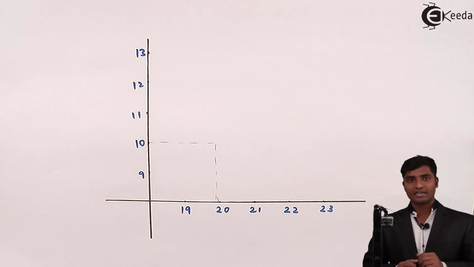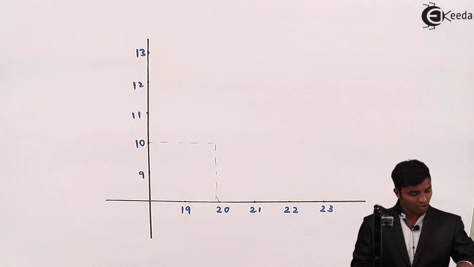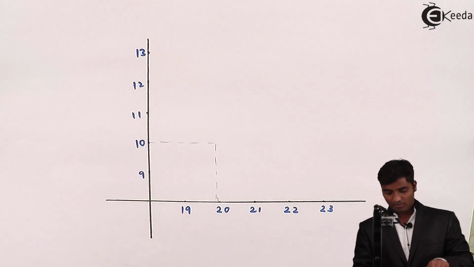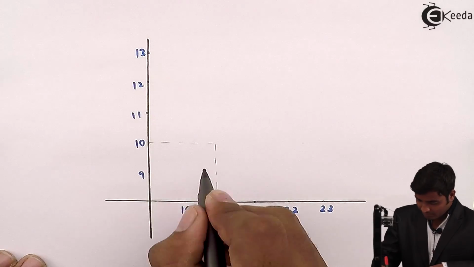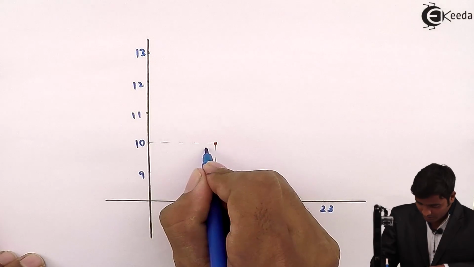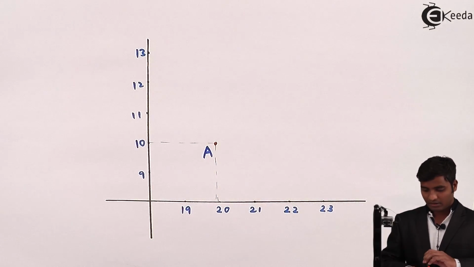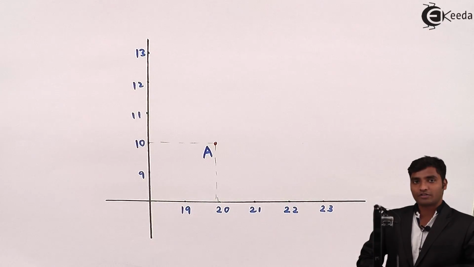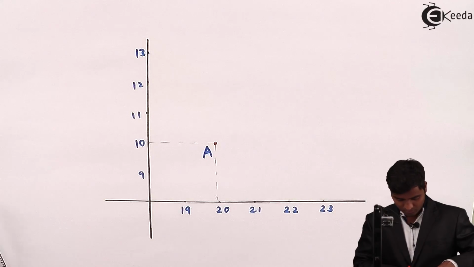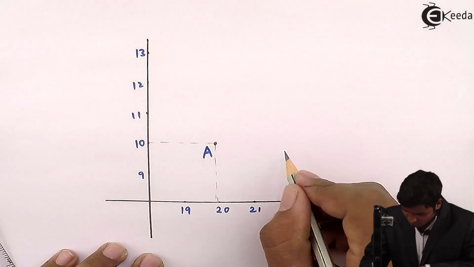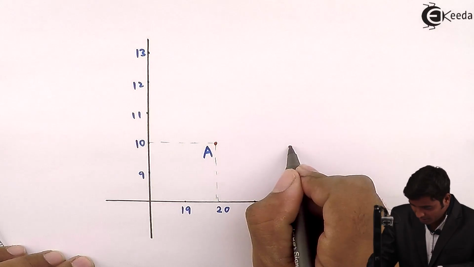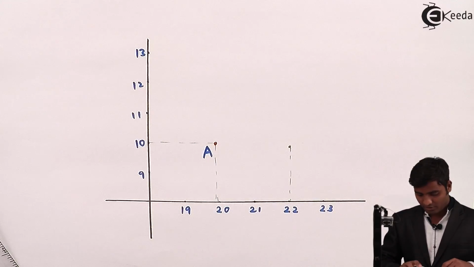So first I will plot the initial figure. The coordinates of A are 20, 10, which means that the point comes somewhere here. So I will name it as A. And since the side of the square is 2, B will be 22. So this is the B point. So I will join.